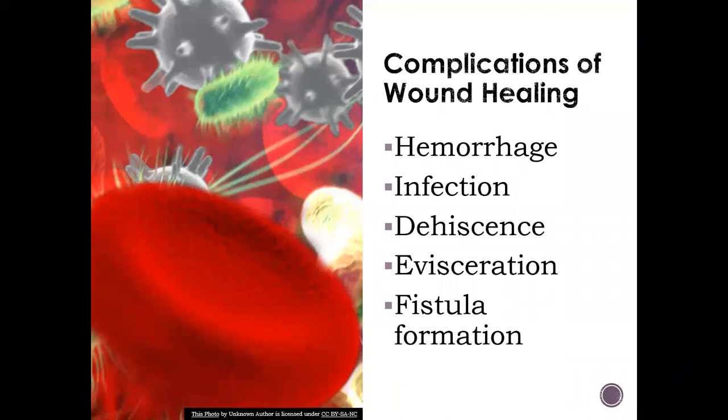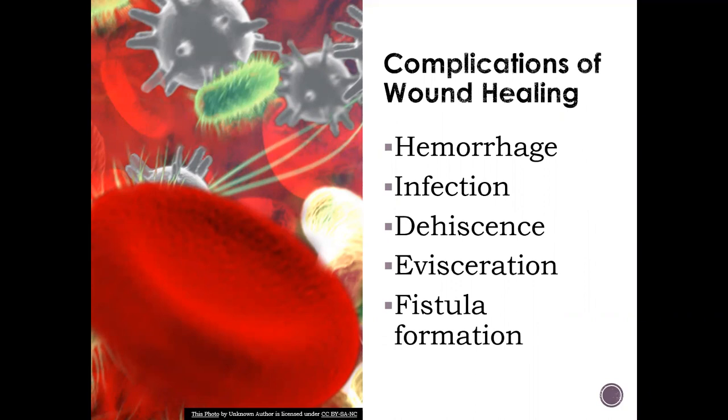Swelling of the affected body part, pain, and changes in vital signs, which would be a decrease in blood pressure and an increase in heart rate, may indicate internal bleeding, and we would see a hematoma, which would be a red-blue collection of blood under the skin, which forms as a result of bleeding that cannot escape to the surface.